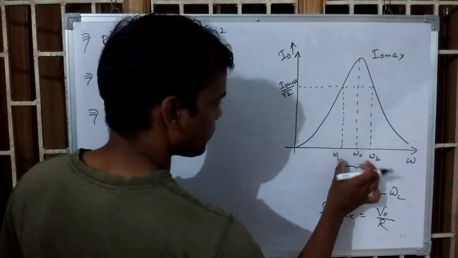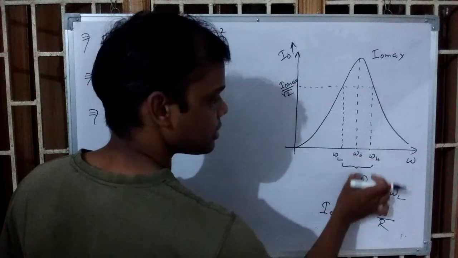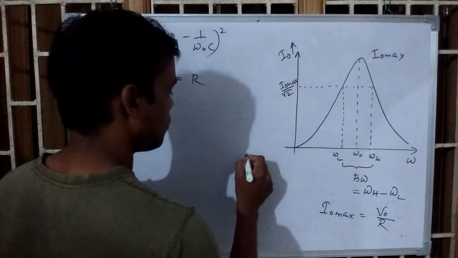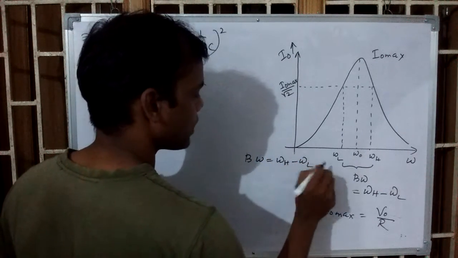Omega naught and omega h, what is the difference here? This difference is nothing but bandwidth by 2. Total range is bandwidth. Bandwidth is equal to omega h minus omega l.